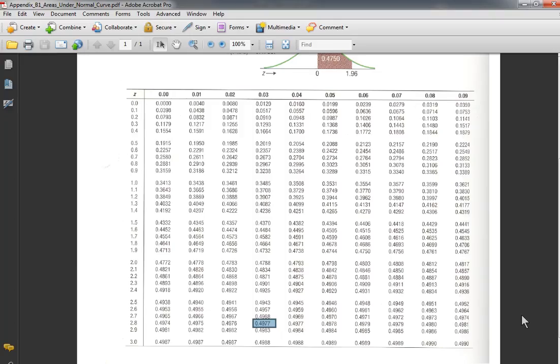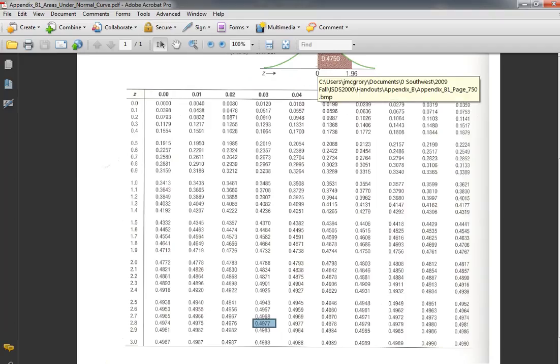Now, I suspect that you may be getting an answer like 0.9977. The reason that I suspect that is because most tables and most technology, when I say most, all technology that I know of, like your calculator or Excel, will give you the area from this particular point to negative infinity. Well, that's no problem because we know from 0 to negative infinity is 0.5.